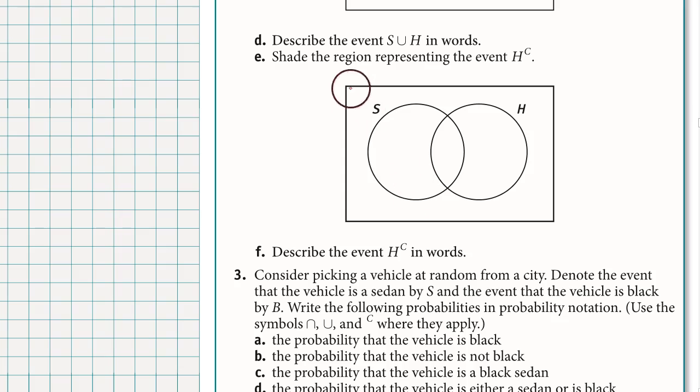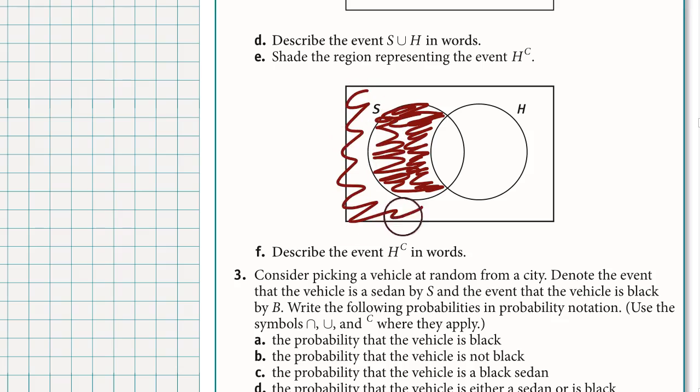Now question E. Shade the region representing H complement. I'll pause the video for you to do that. This would be everything that's not in H. So it would be the rest of circle S as well as the box surrounding circle H. This means all of the students in the school who are not on the honor roll.